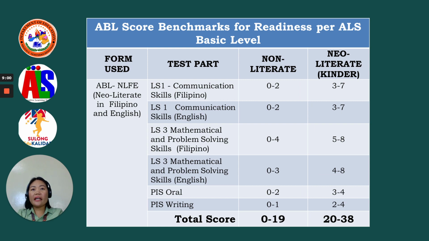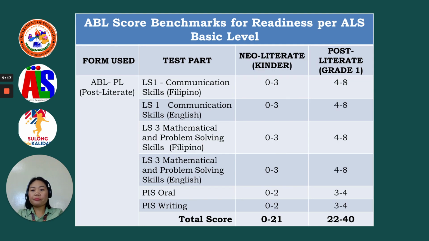How about the ABL Neo-literate in Filipino and English? If the total score is 0 to 19, meaning non-literate. If the total score is 20 to 38, meaning Neo-literate or the level is Kinder.